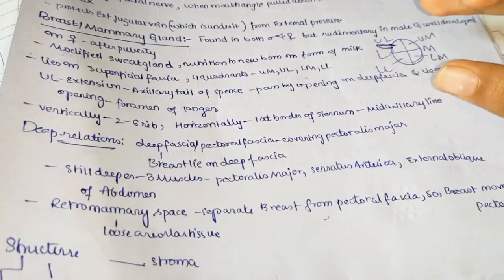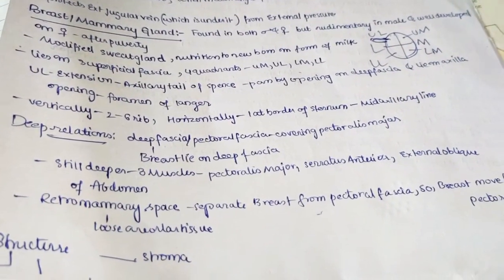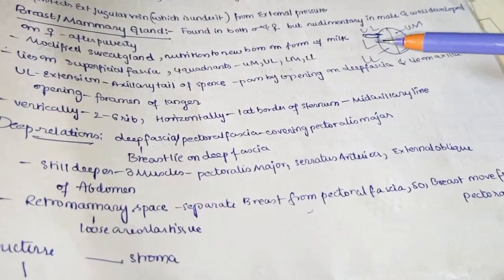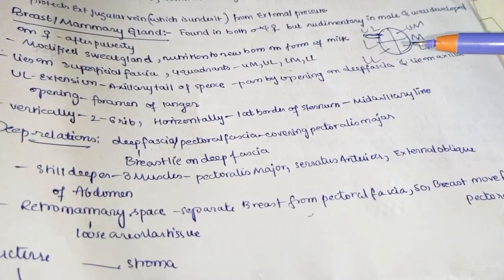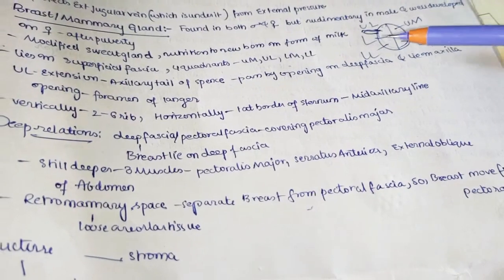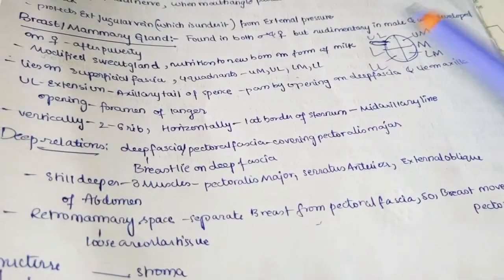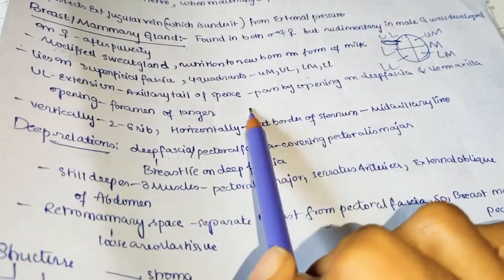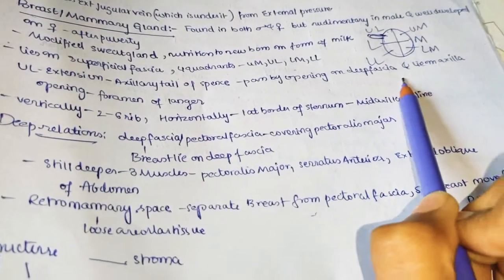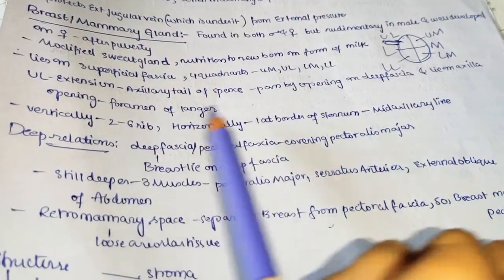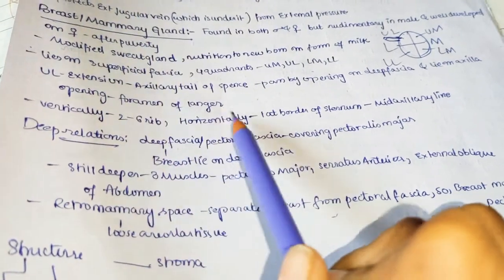Remember, this is in the superficial fascia, but it pierces the deep fascia through an opening. You can see here the axillary tail of Spence passes through an opening in the deep fascia and lies in the axilla, and the opening is called the foramen of Langer.